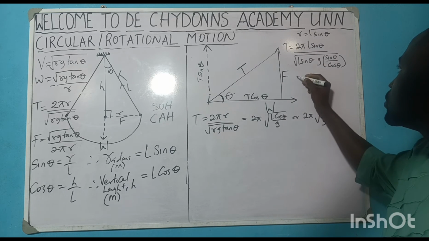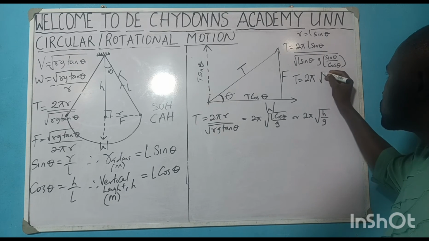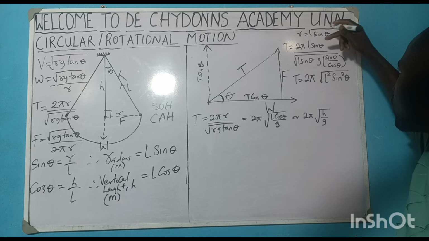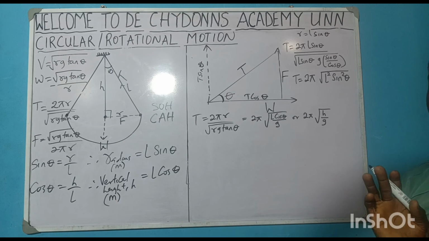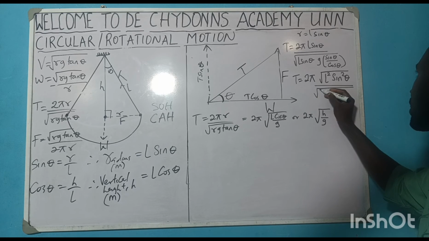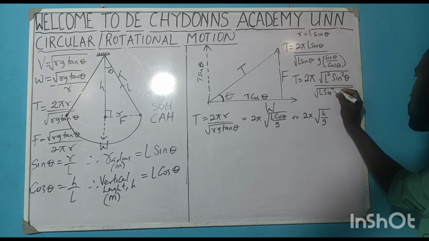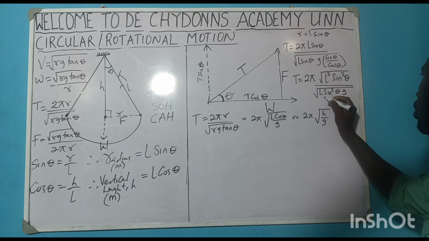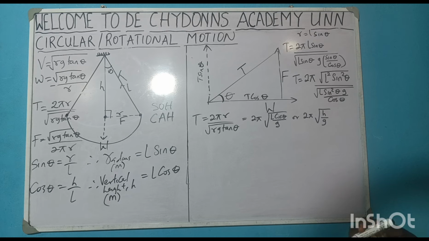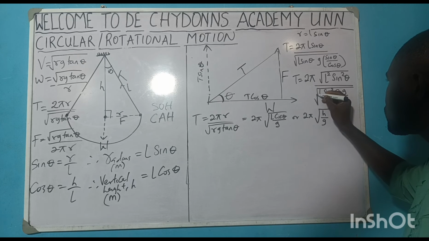So watch what I will do. T equals 2 pi. I bring out 2 pi and square here. The square root of L square sin square theta is equal to L sin theta. I didn't change anything. All over the square root of what? L sin theta times sin theta is sin square theta. L sin square theta G all over cos theta. Now, as you are seeing, all of them are inside square root.